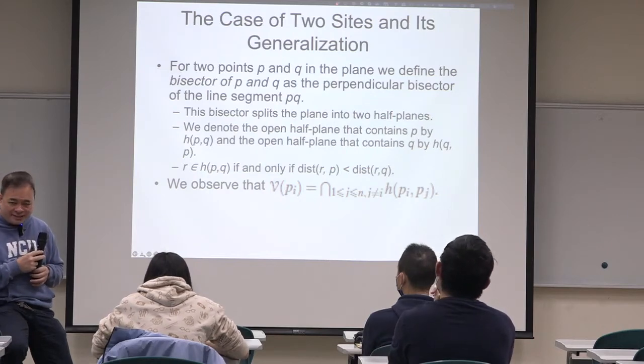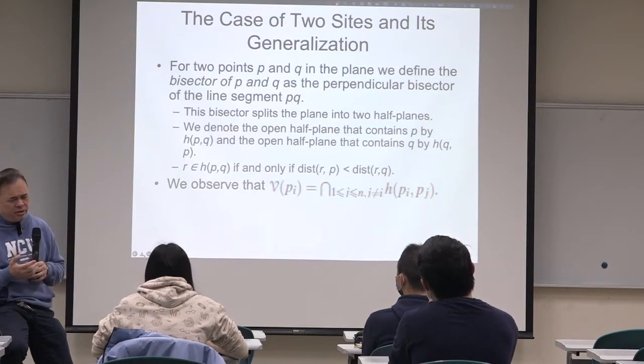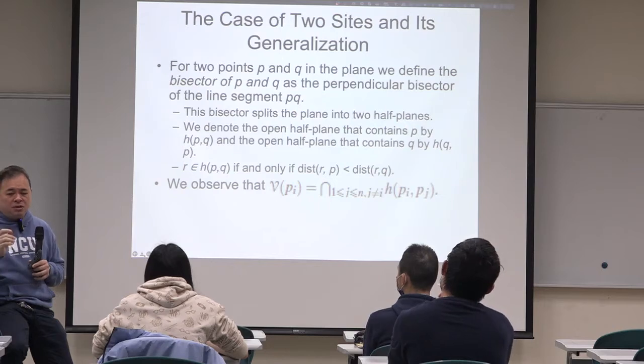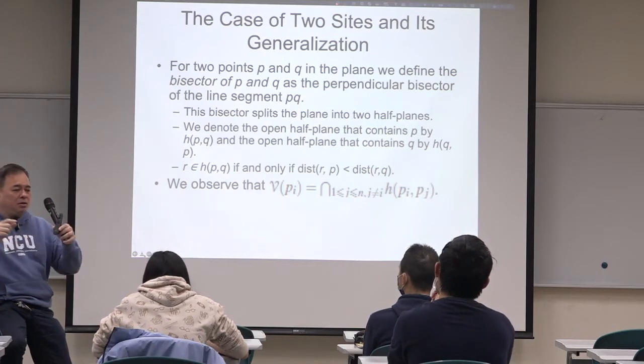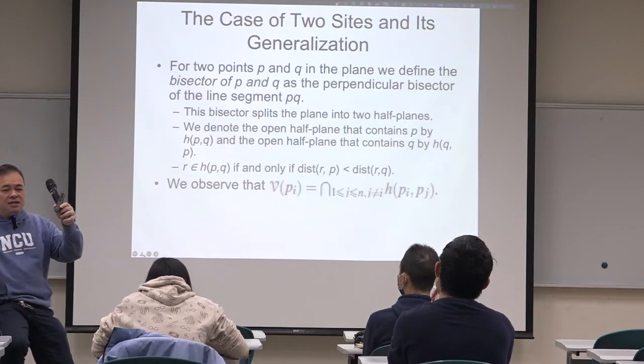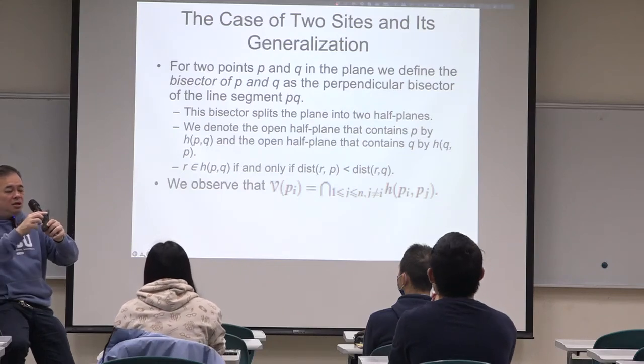If you have two sites, what would be the situation if you want to construct the Voronoi diagram? Given two sites, you can say these two sites are P1, P2.